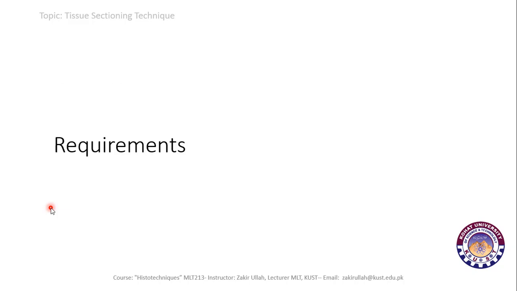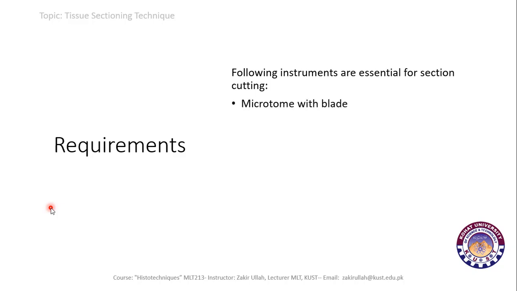The requirements of the tissue sectioning technique include the instruments and other related materials. First is a microtome with the blade. Second is the water bath.